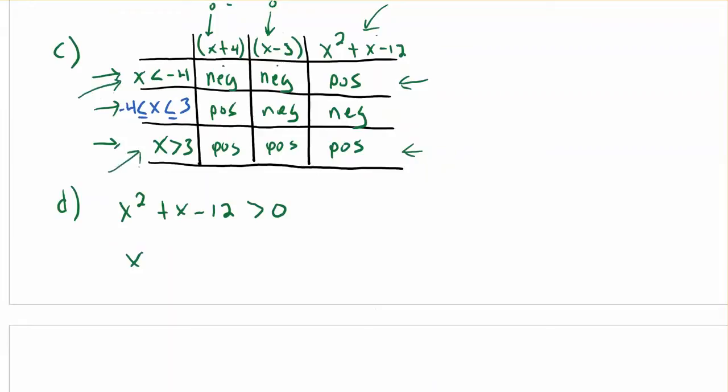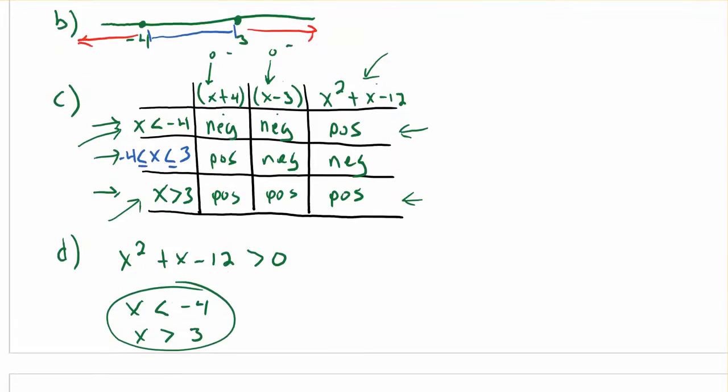That one and that one. So when x is less than -4 and when x is greater than 3. So those would be our solutions. There's lots of solutions. There's an infinite amount of solutions to these kinds of questions.